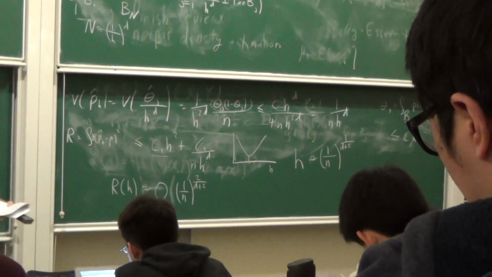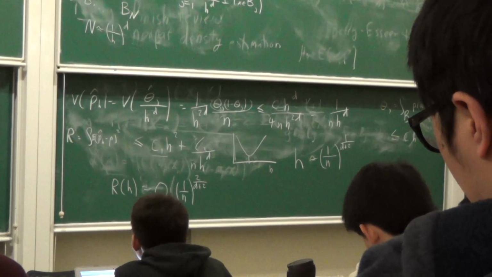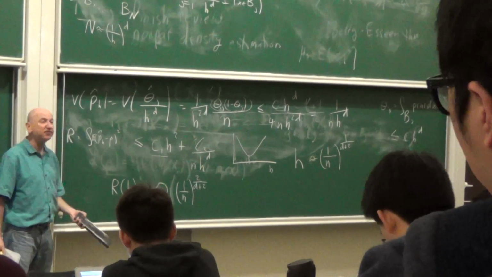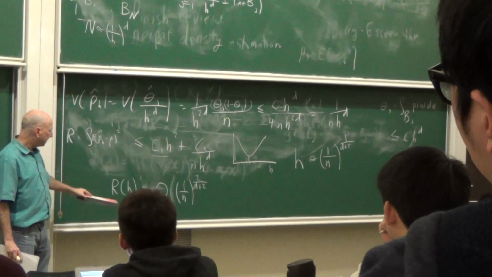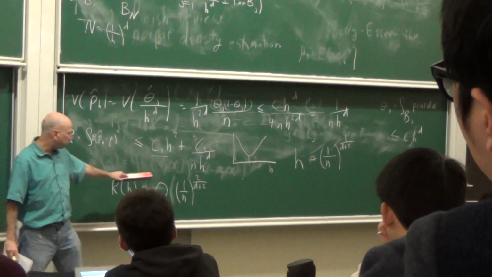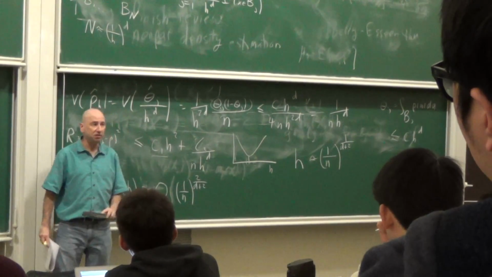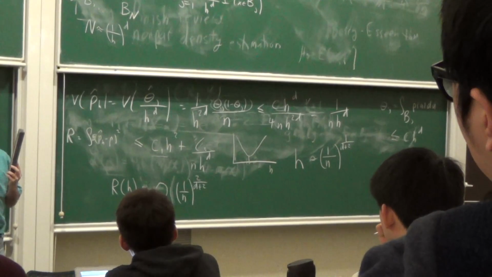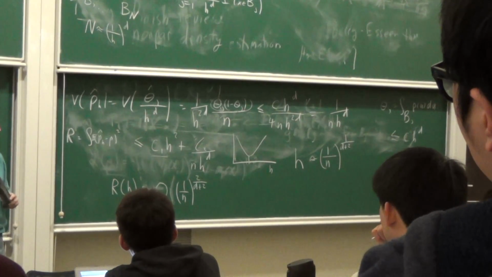Now our simple analysis has all of a sudden revealed a lot of information. If you're using a histogram, and you pick the best possible bandwidth, this risk measure is going to go to 0 like 1 over n to the 2 over d plus 2. Again, let's think about the case when d is 1. That says it's going to go to 0 like 1 over n to the 2/3.